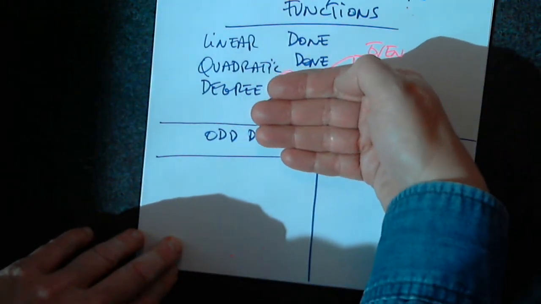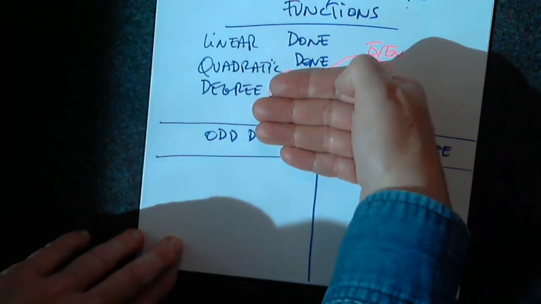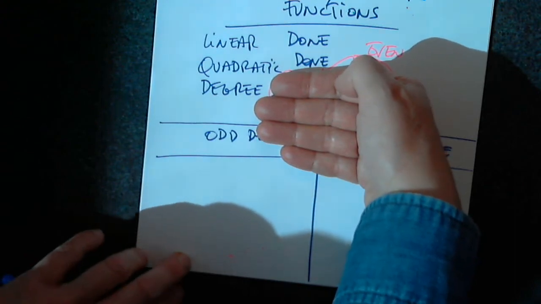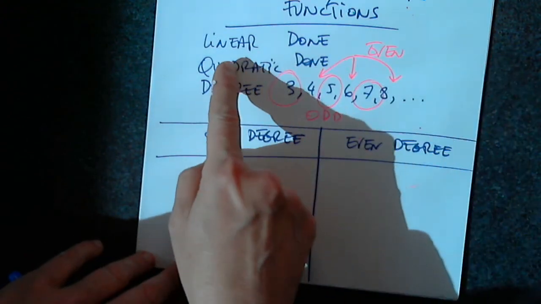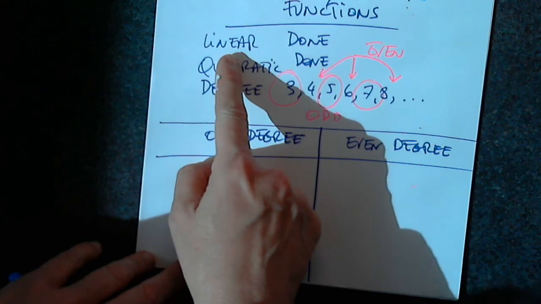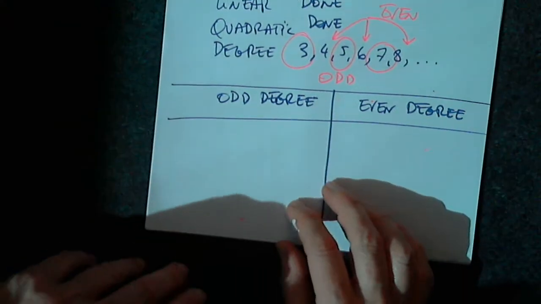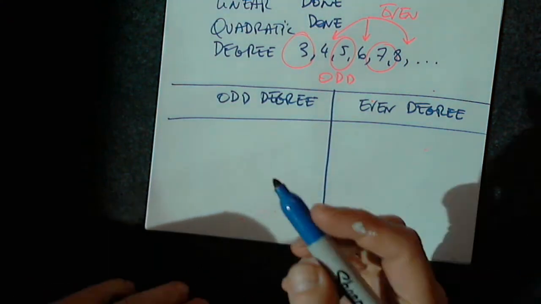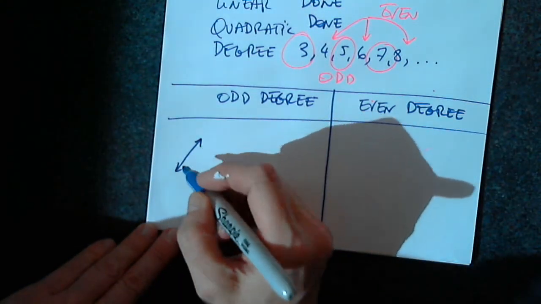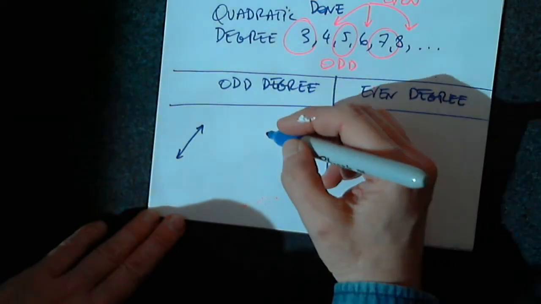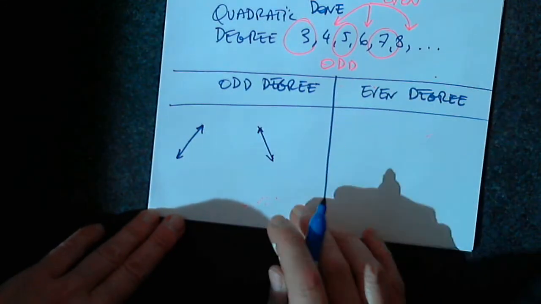Not the cube root, but the cubic. Yes. No, I'm talking about something that we know absolutely everything about. It's an odd degree. It's polynomial. And it has two possibilities, correct? It has this possibility. And it has this possibility, correct?